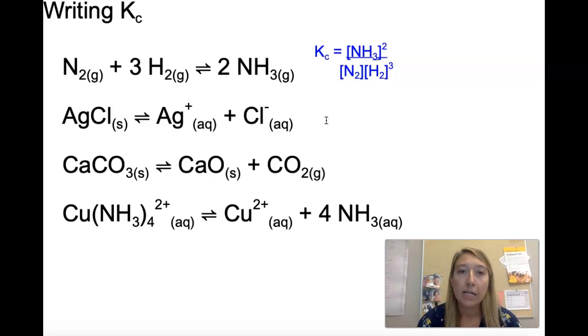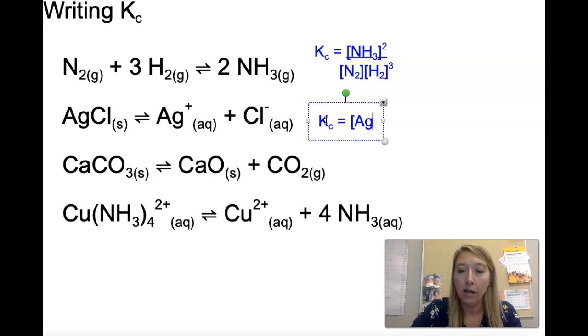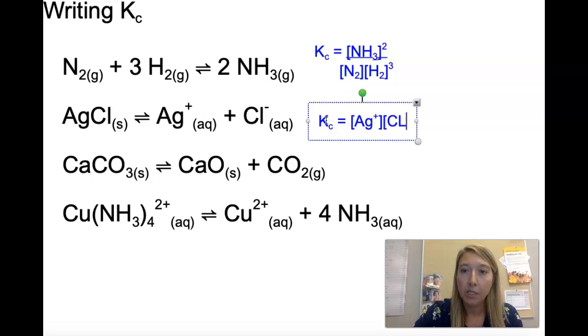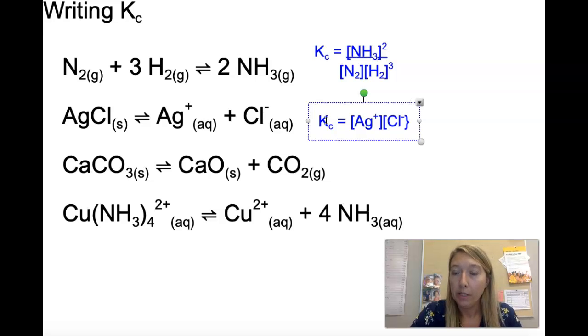Okay, let's look at the next one. We have AgCl turning into Ag plus and Cl minus. So Kc equals the concentration of that Ag plus. It's not going to be squared or cubed, it's balanced with 1, so we just leave it, then times the concentration of that chloride ion. And then we're going to put this over nothing.